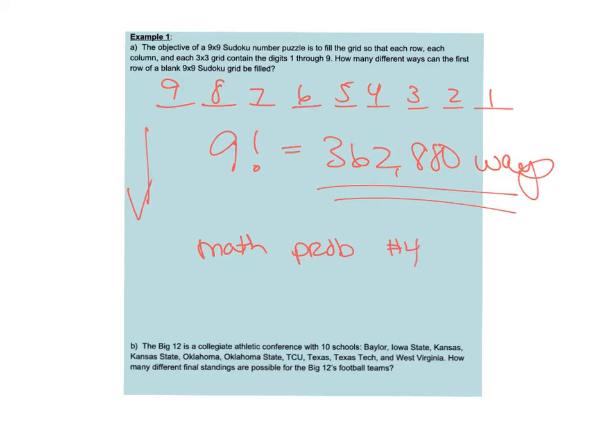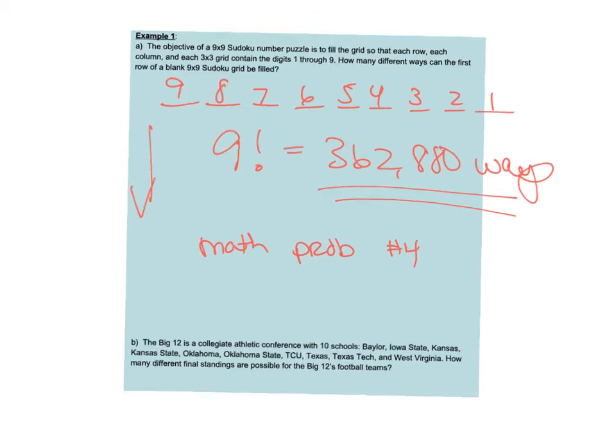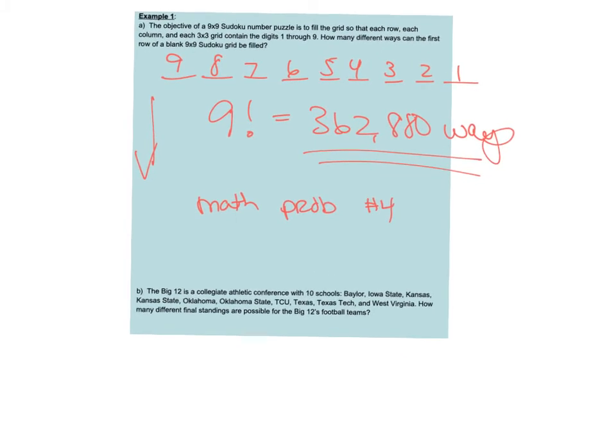That's your factorial button. The Big 12 is a collegiate athletic conference with 10 schools. How many different final standings are possible in the Big 12's football teams? Again, it's kind of the same idea. For first place, any of the 10 could come in first.